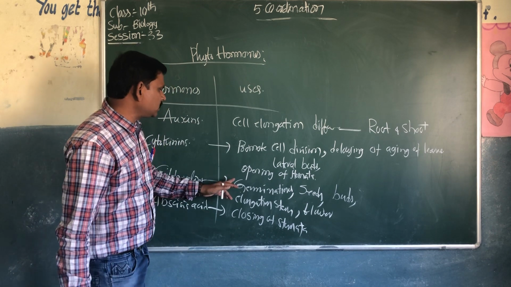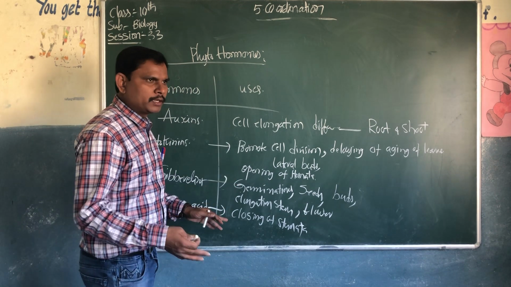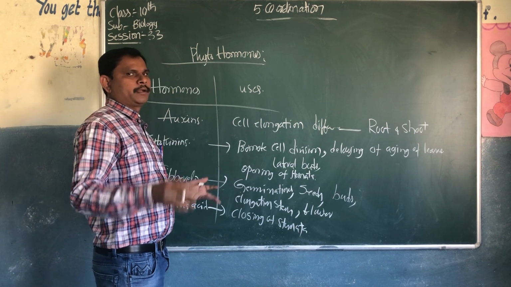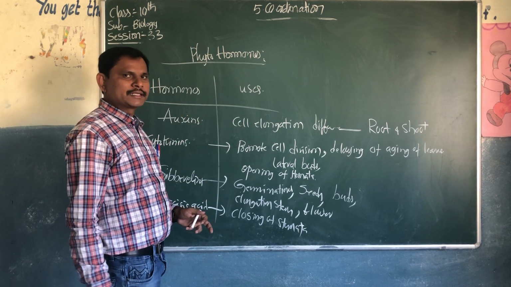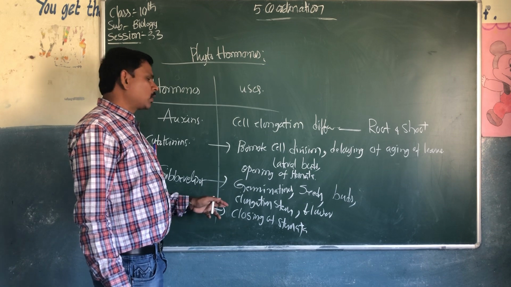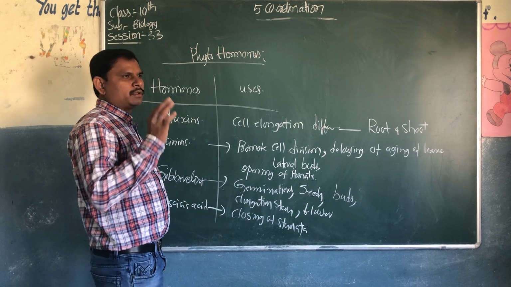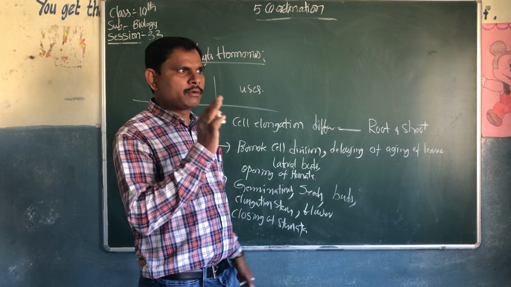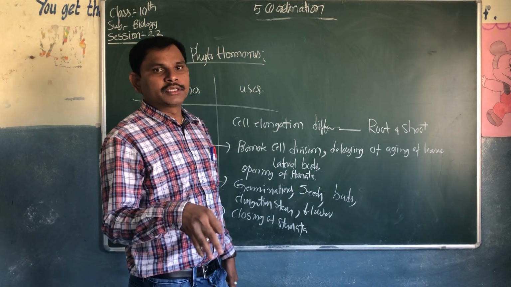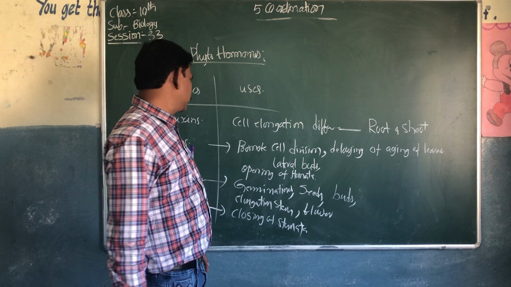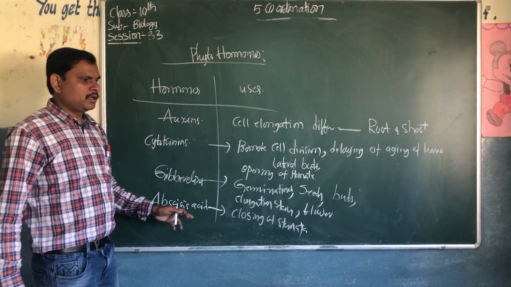If the stomata are continuously open, water will continuously evaporate. That's why it should be controlled by the abscisic acid present in the plant. If very hot conditions are there, the stomata will be closed because more water would be evaporated into the atmosphere. There is a loss of water, so it's controlled by abscisic acid.